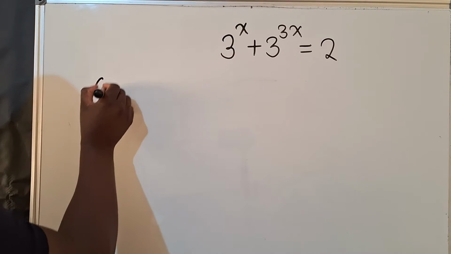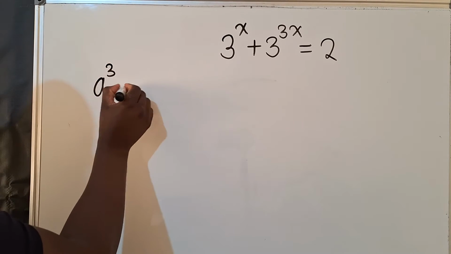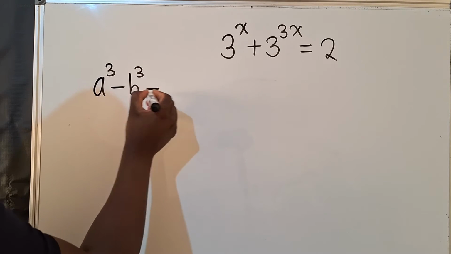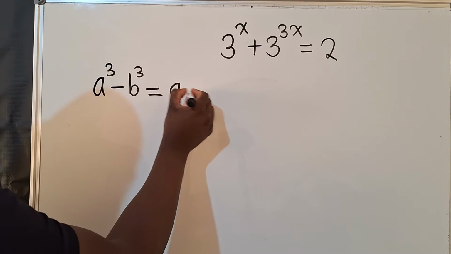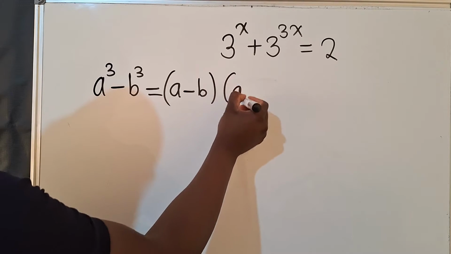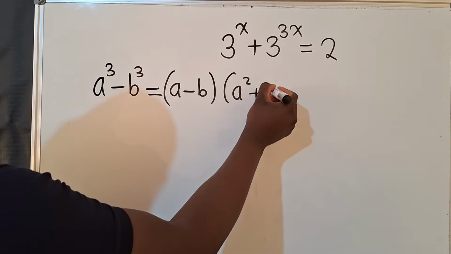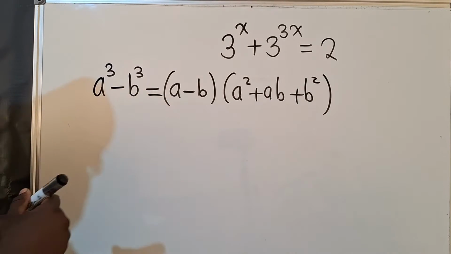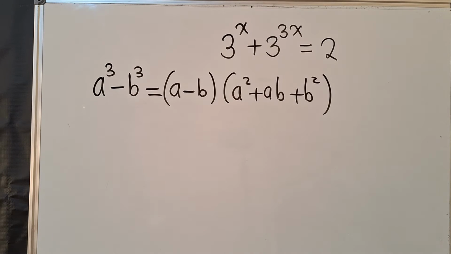When you've got a power 3 minus b power 3, this will simply be equal to a minus b, and then here it will be a power 2 plus ab plus b power 2. So keep this property. It's very, very important. We need to use it at some point.